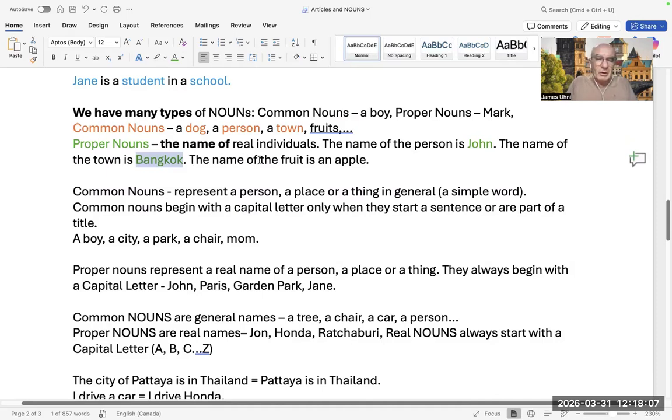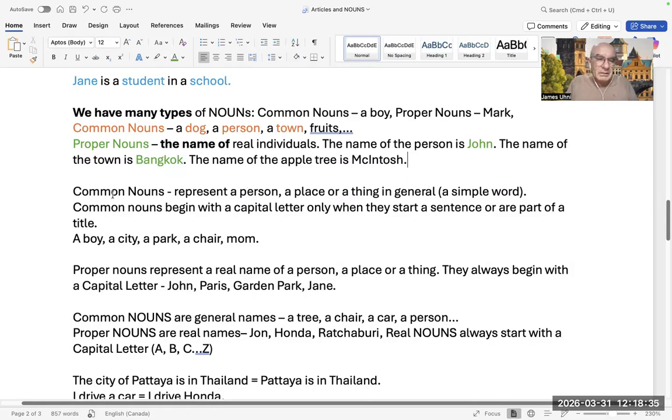The name of the apple tree is, for example, Macintosh. And that is a real name of the apple, which is true.